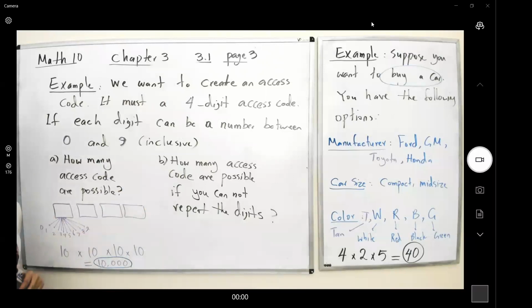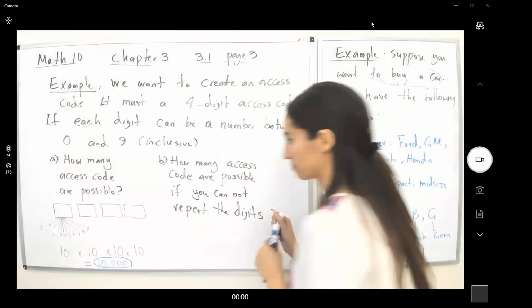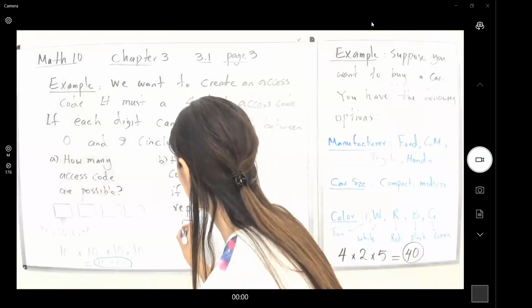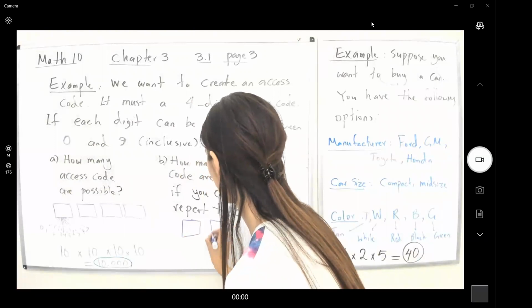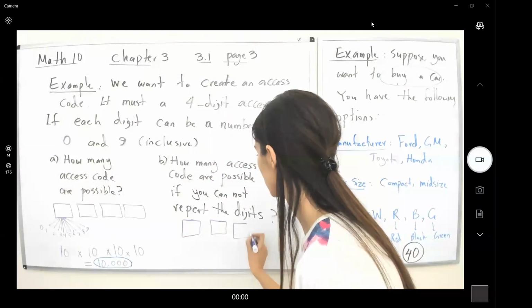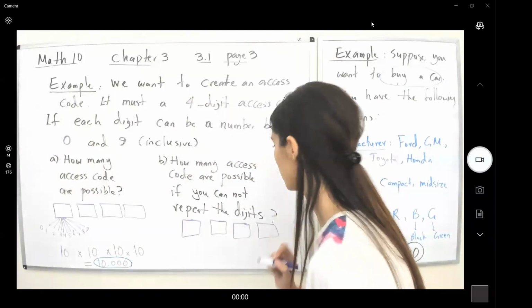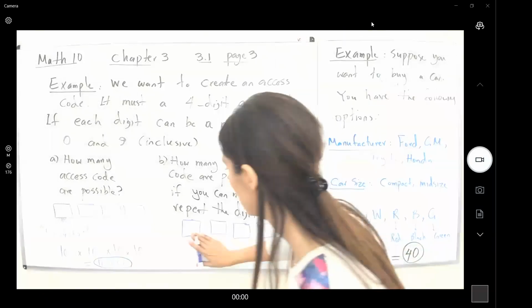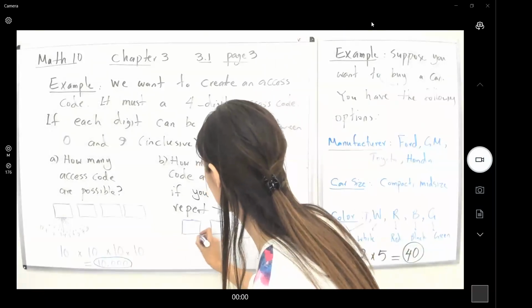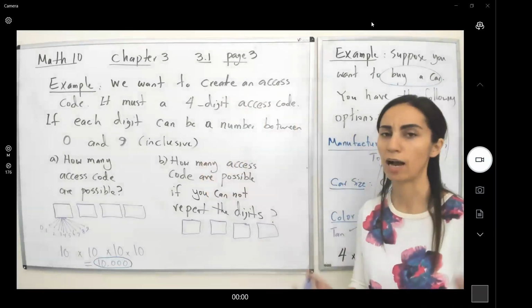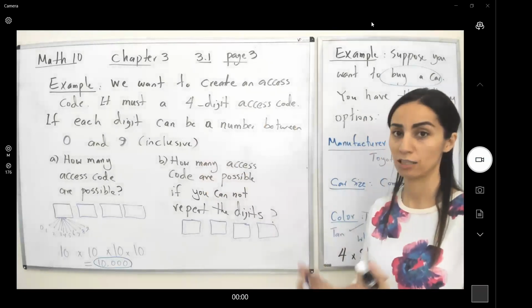How about part B? You cannot repeat these numbers. Again, you have a task with 4 subtasks. The first one, the second one, the third one, and the last one. Okay, here we go. For the first one, how many options do you have? 10.